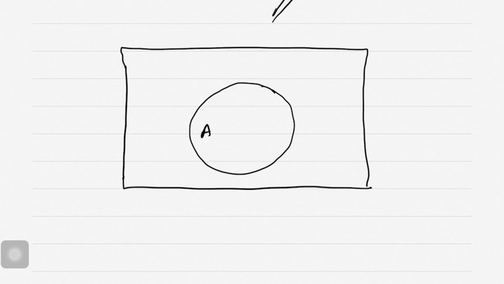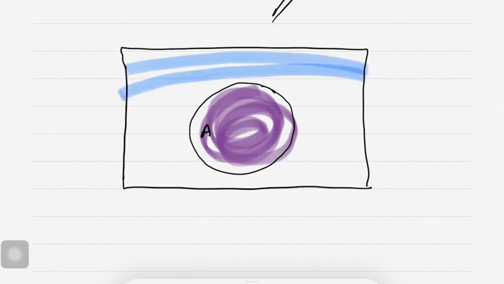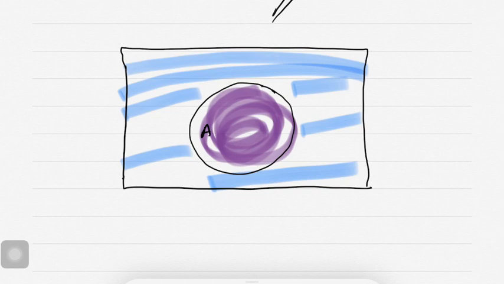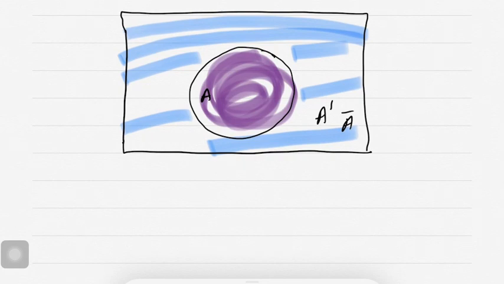Now, this circle is my event A. When I am saying this circle is my event A, that means the remaining part of the sample space is complement of A, and it is denoted by A dash, or you can also write A bar.